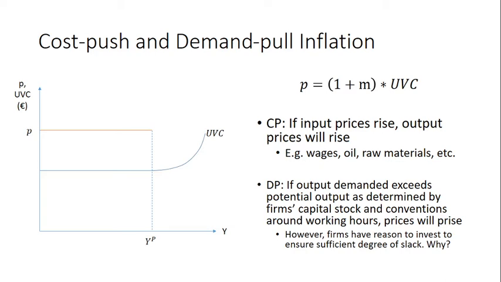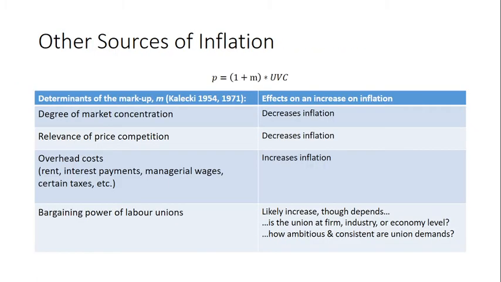You would have to go out and suddenly invest in capital and perhaps find more workers to employ and so on. So there's reason to leave some slack in the system, given that fundamental uncertainty about what demand will look like tomorrow. So maybe the normal rate of capacity utilization is 90 or 80%, just so you have room to respond if needs be.